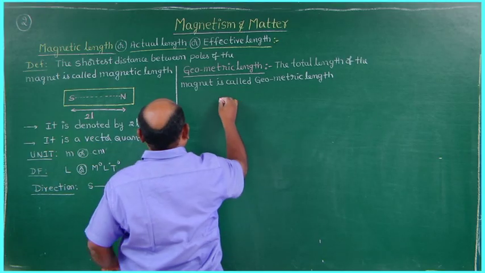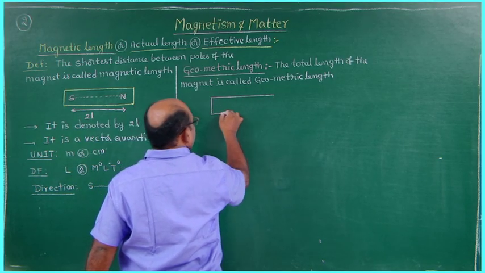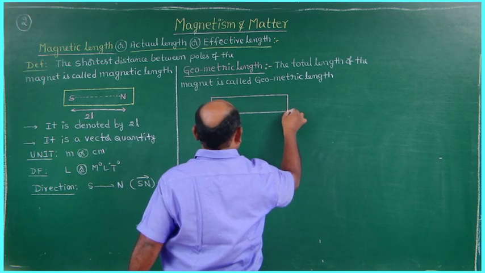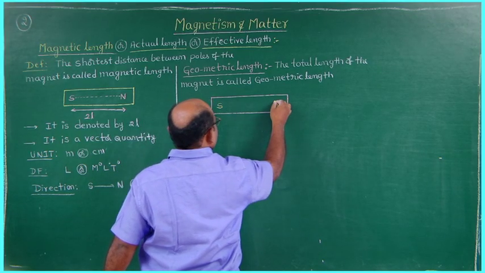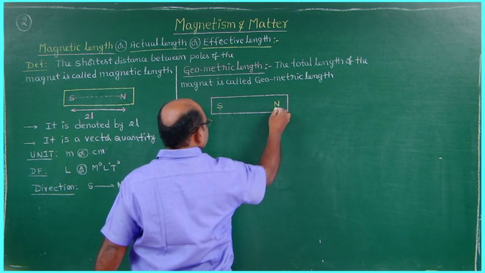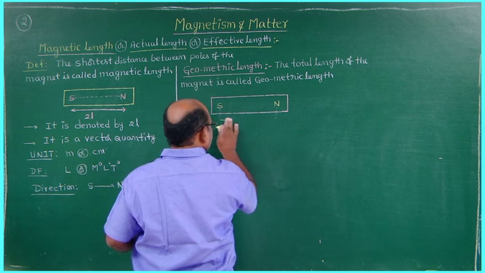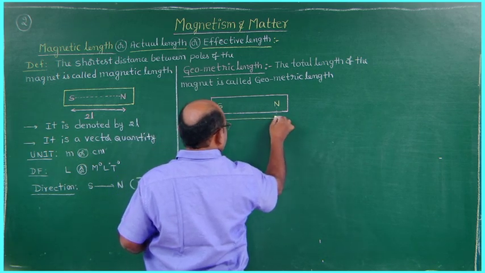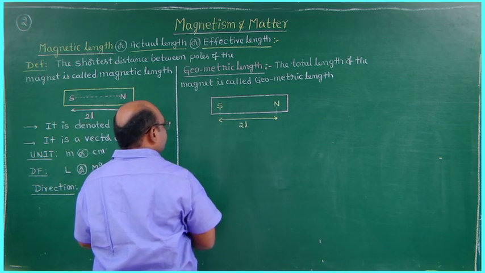Let me represent the geometric length through the diagram. This is the position of the south pole, this is the position of the north pole. The shortest distance between the poles of the magnet is the magnetic length, denoted with 2L.